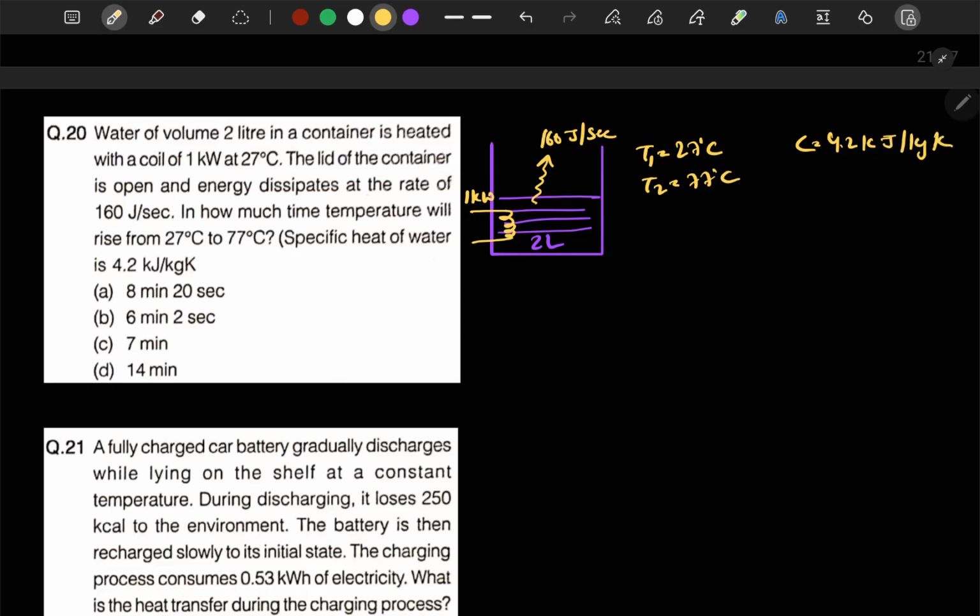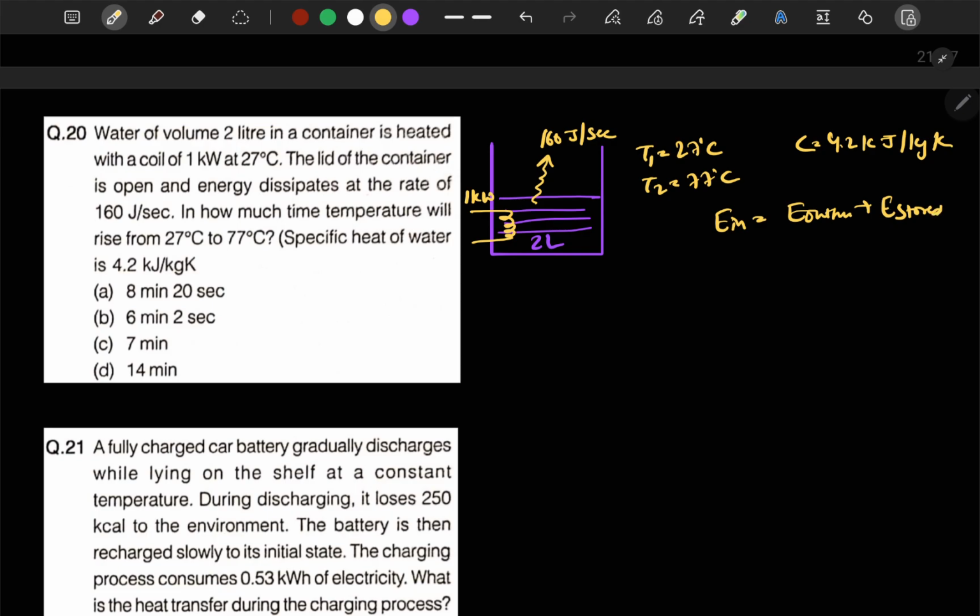We will apply the conservation of energy here. So we will say energy inlet is equal to energy output plus energy stored.